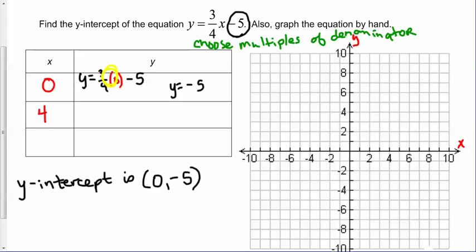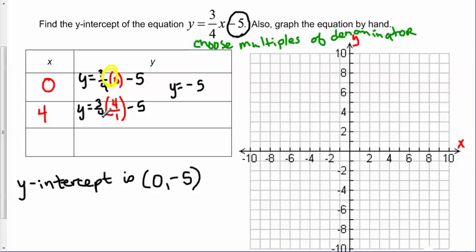Look how nicely this is going to work for us when we substitute 4 in for x. y equals 3/4 times x, well, we let x equal 4, minus 5. Now remember that 4 we could write as 4 over 1 because any whole number you can just put over 1 to make it look like a fraction.